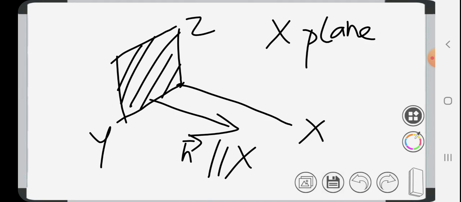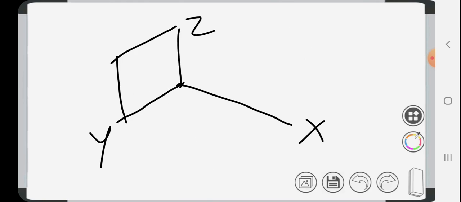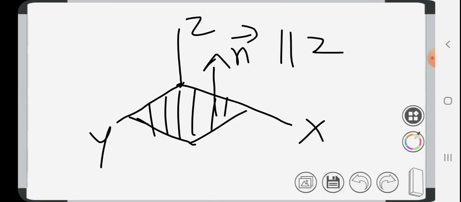Okay. Suppose I am taking another plane like this. This plane is in xy. This is an xy plane, right? It has a normal vector n parallel to z. So this plane is known as the z plane.